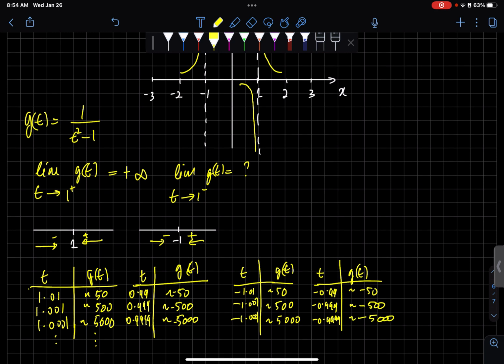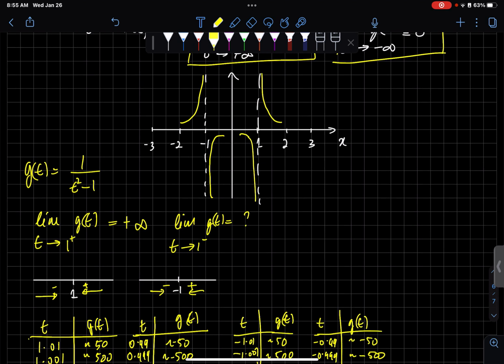So as we get closer and closer to -1 from the right side, it shoots off downward. This is a very interesting function.